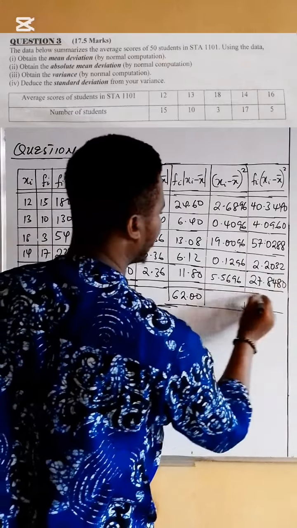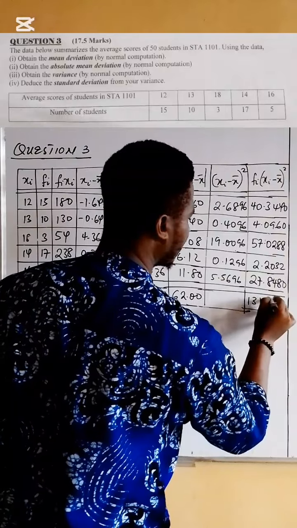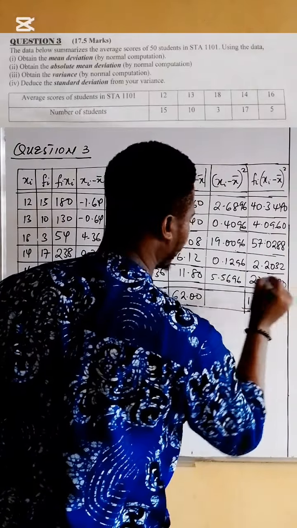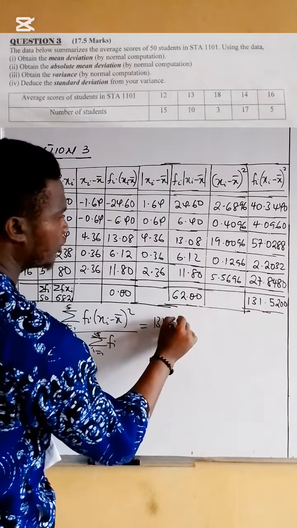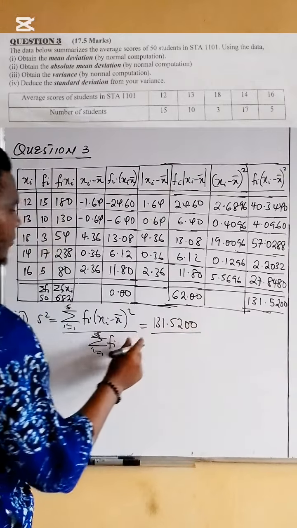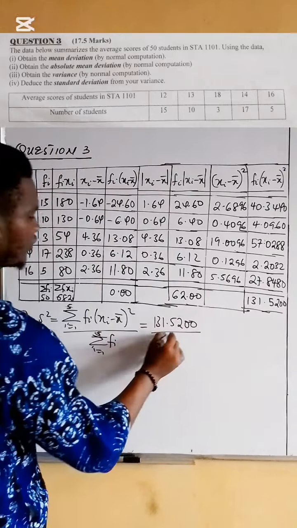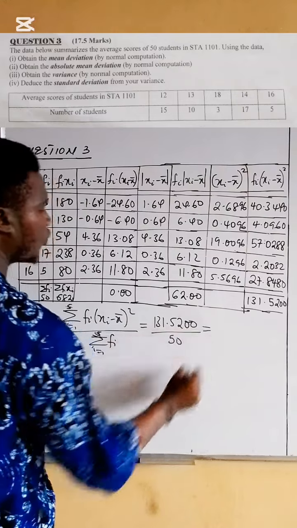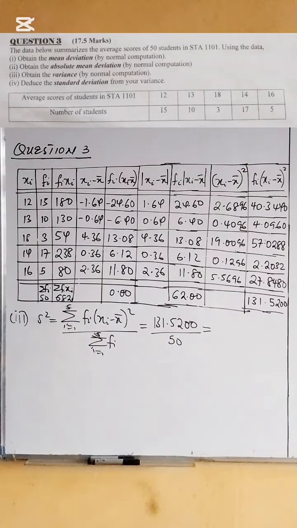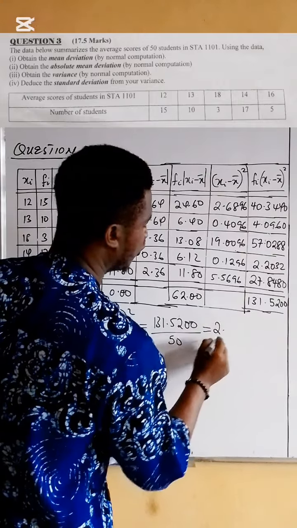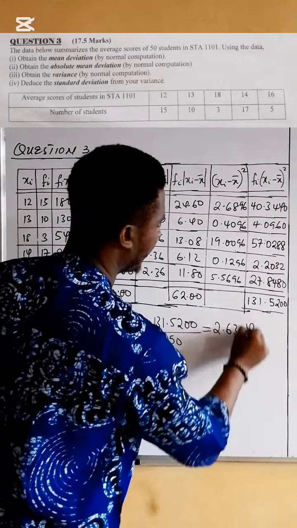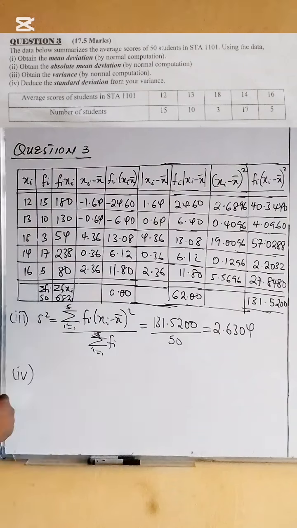So what would that give us? 131.5200. So I'm going to come over here and say 131.5200 divided by summation Fi, which is 50, and this will give us what as our variance? 2.6304. And that will be our variance.